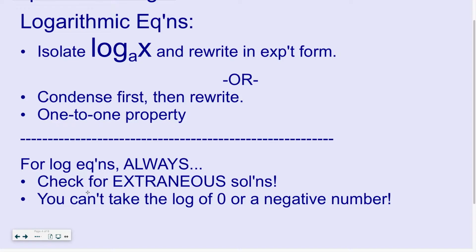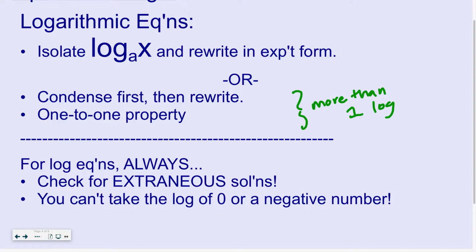Now, there could be times, again, where you have more than one log. And if you have more than one log, you might be able to condense logs. So remember, two logs with the same base that are being added can be condensed into one log with multiplication.